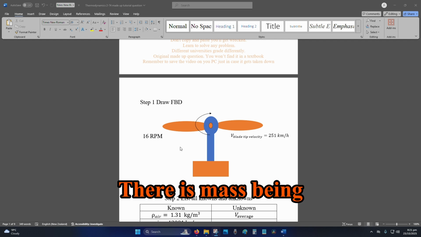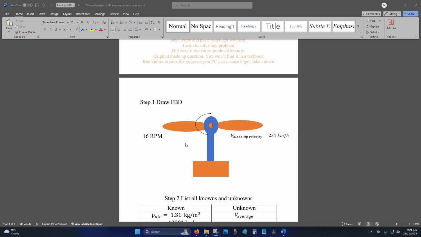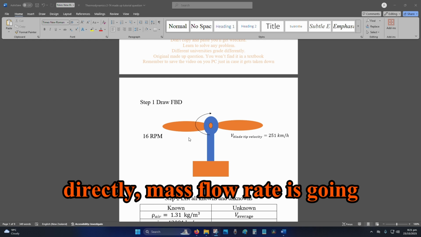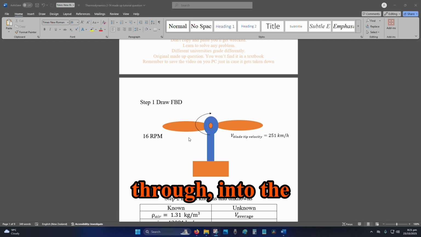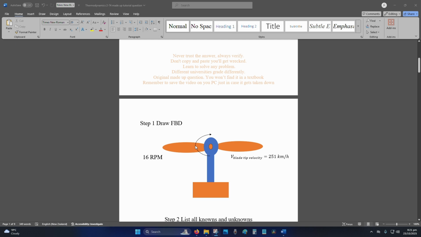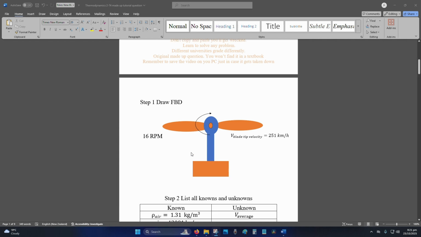There is mass being pulled into the screen, so if we're looking at the turbine directly, mass flow rate is going through the turbine at 42,001 kilograms per second.